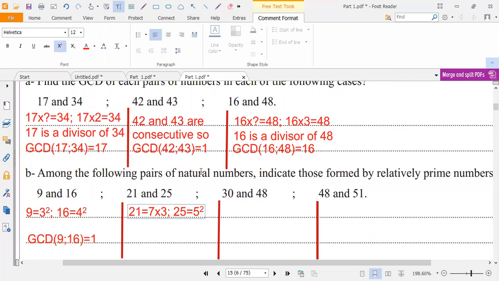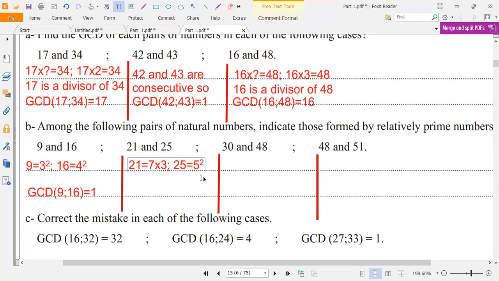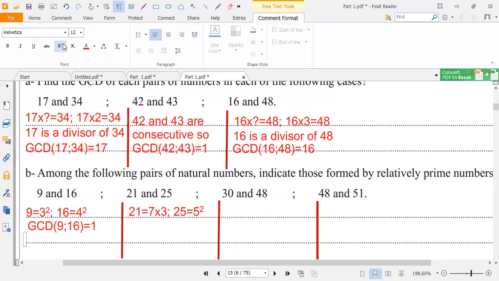Are they relatively prime? Yes. So when the GCD is equal to 1, we say 9 and 16 are relatively prime.